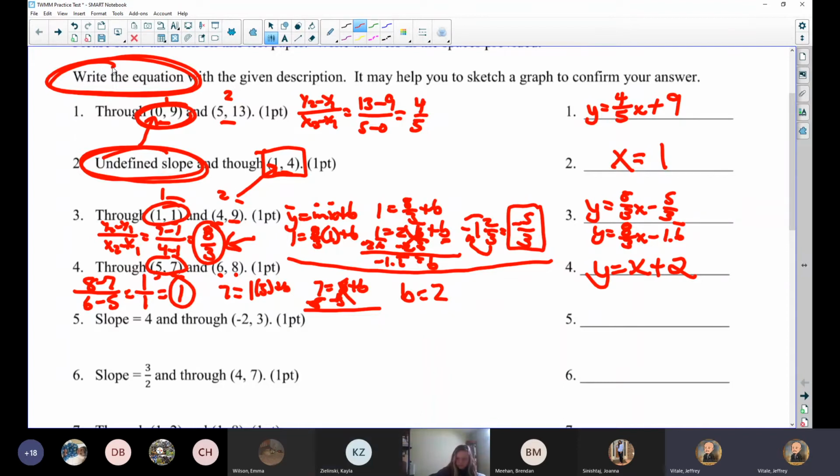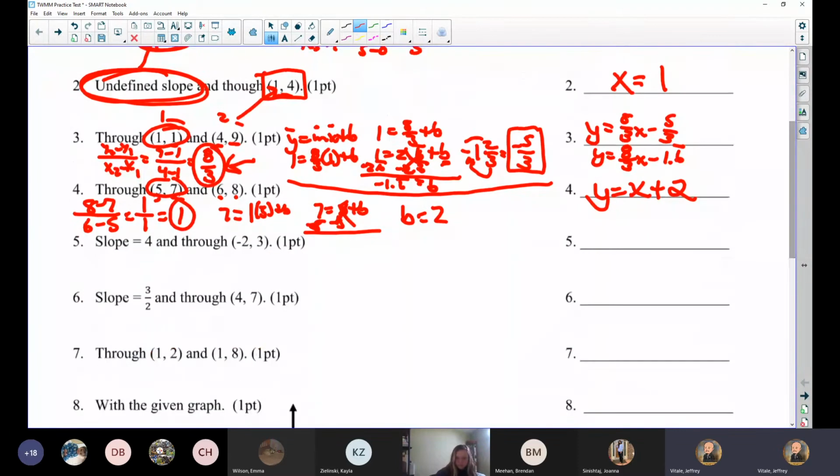Now, number 5, we got another different scenario here. They gave us the slope. So we have that information off the bat, which is nice. They gave us a point. So all we need to do is plug into y equals mx plus b the slope and the point, and find out what our b is. Because this coordinate doesn't have a 0 in the x value, so we have to find it. So 3, that's y.